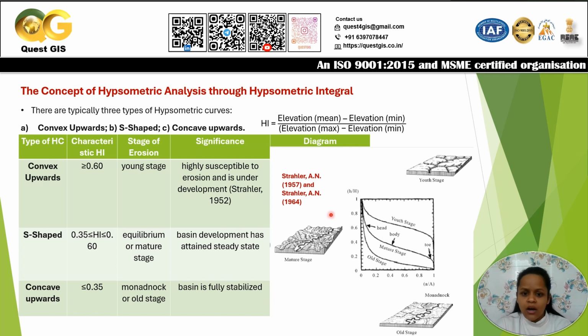This is how it will look in real landscapes. You see the youth stage, the mature stage, and this is your old stage where most of the landscape is eroded. When you go to the higher ranges of the Himalayas, you will mostly find the youth stage of erosion.